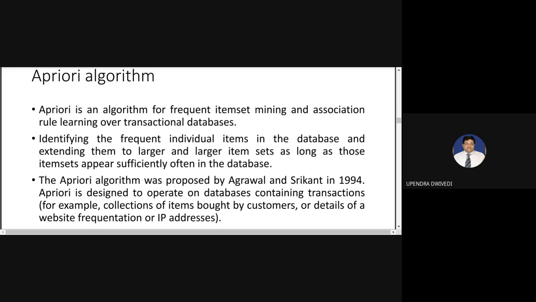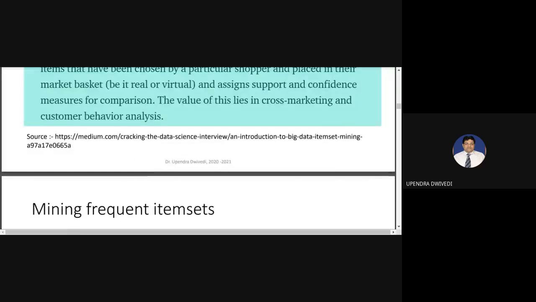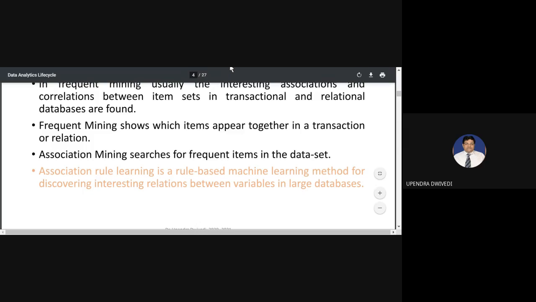We have already discussed association rules, so what is an association rule? Let us briefly discuss it. Association rule learning is a rule-based machine learning method for discovering interesting relationships between variables in large databases.